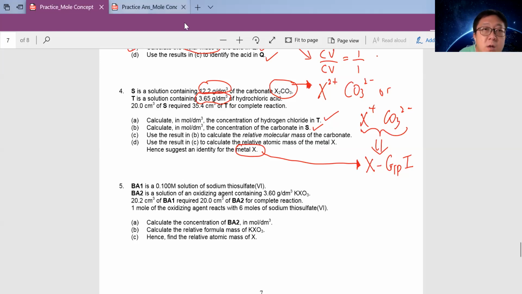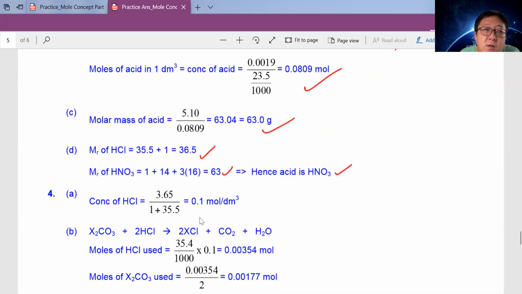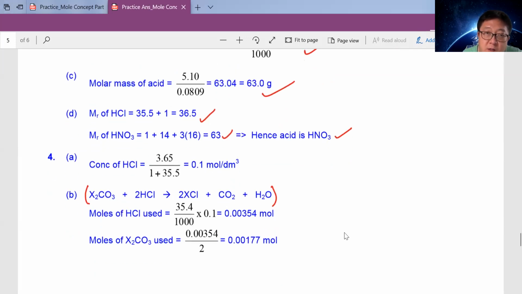Okay, so let's take a look. So what will we do? First step, very standard, calculate concentration. We can calculate the 0.1 given to us. Write the equation here. X2CO3, because I know you're not familiar with the mole ratio. So it's 1:2, like sodium carbonate. If you want, you can use the formula I taught you to solve this part.